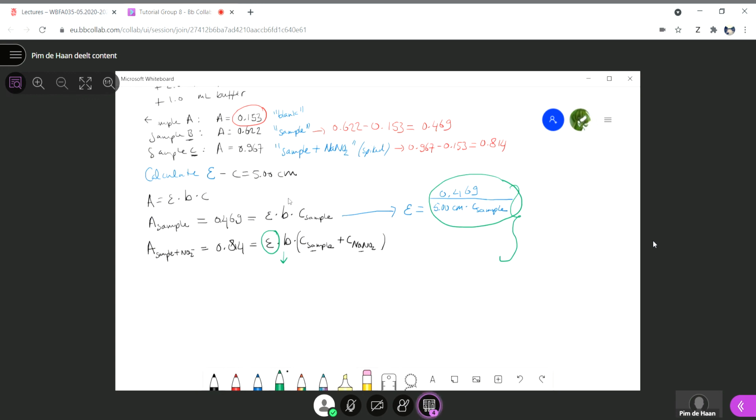So what we're going to get is 0.814 equals, I'm not writing epsilon, but I'm writing this, 0.469 divided by 5 times c sample, times b times c sample plus c sodium nitrite.